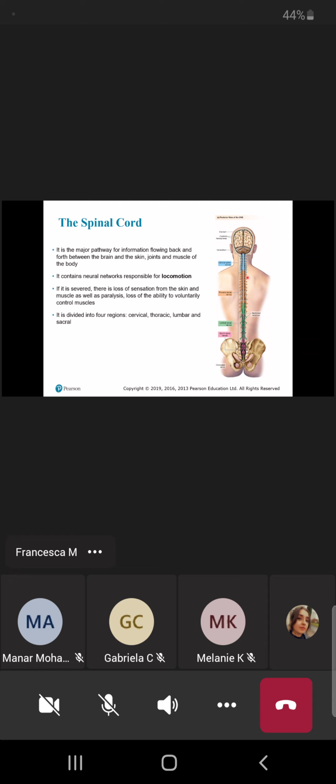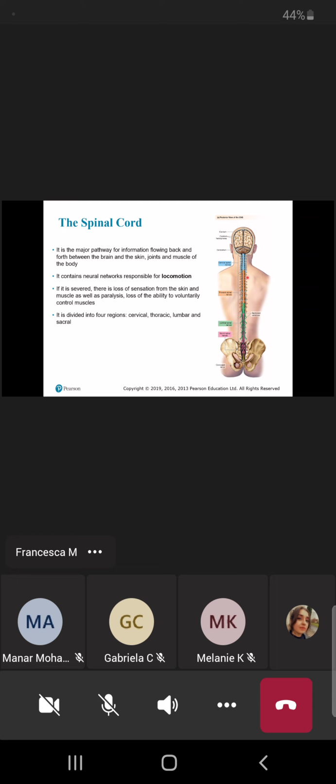So the information movement back and forth between the brain and our body is regulated by the spinal cord. It also regulates the movement, the locomotion. If there is any kind of trauma or damage at the spinal cord level, as a consequence we can have an impairment in the locomotion and in the leg functions.